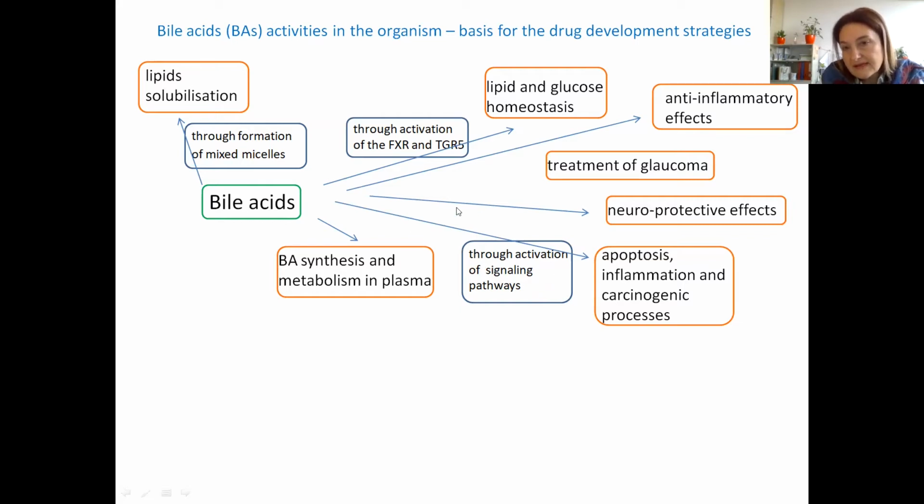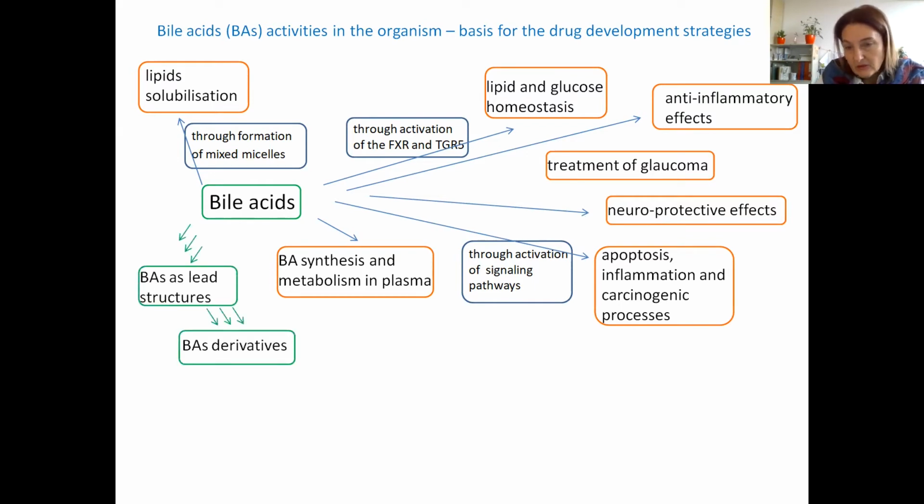They also have anti-inflammatory effects through glucocorticoid receptors and are used in treatment of different diseases and states. So all of these activities pointed to bile acids as lead structures.